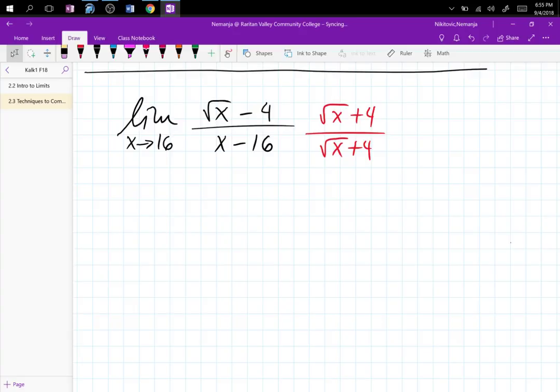All right. And I will give you a tip. Do not FOIL the denominator.